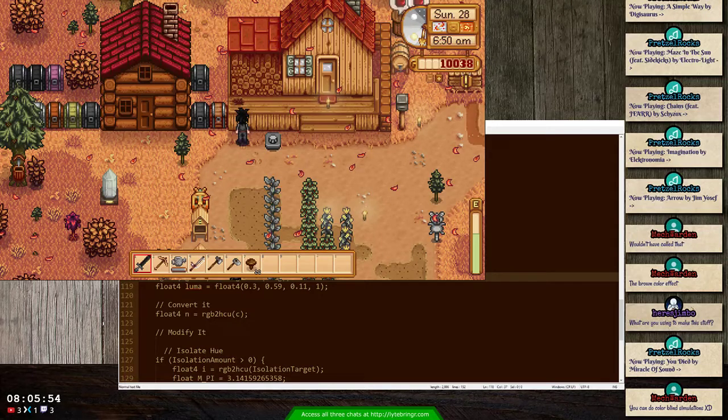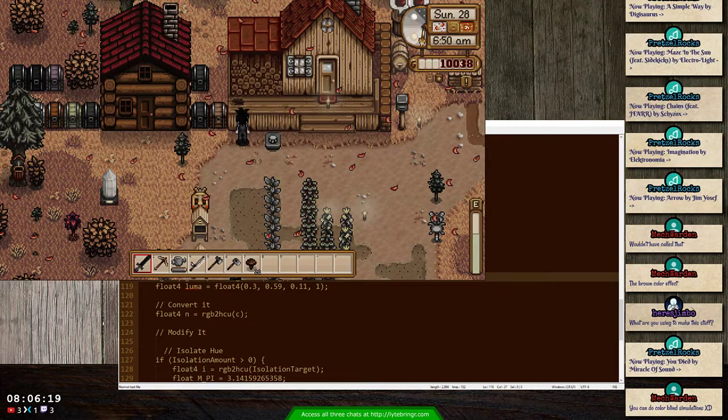And then let's apply our other filters. And then maybe a touch of sepia?